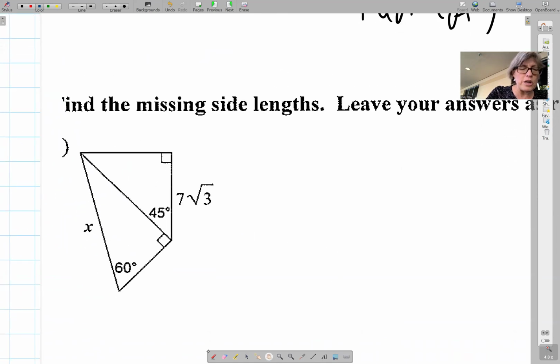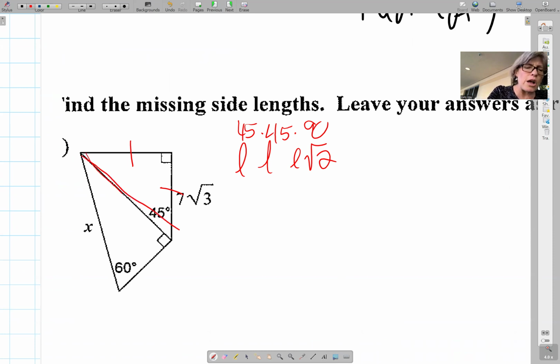So on this first one, our chart is leg, because that's a 45, 45, 90. Legs are equal. And going from the leg to the hypo, we times by root 2.